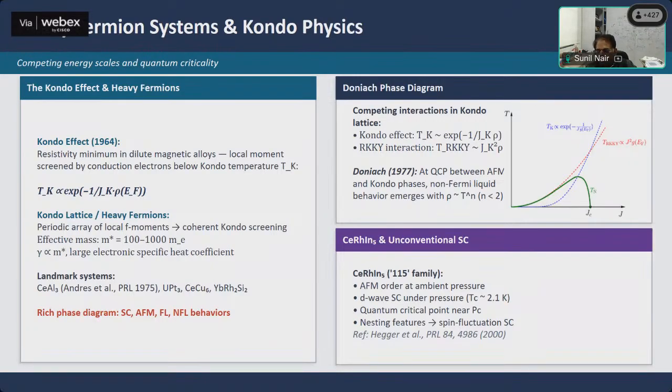So, for instance, you know that the electrons have an effective mass, and in these strongly correlated systems, the effective mass can be as large as 3 orders of magnitude greater than the bare electron mass. This is typically calculated using methods like specific heat, and a large value of gamma tells you that you have a very large effective mass.